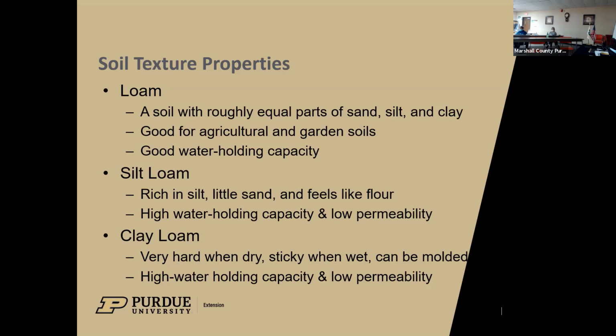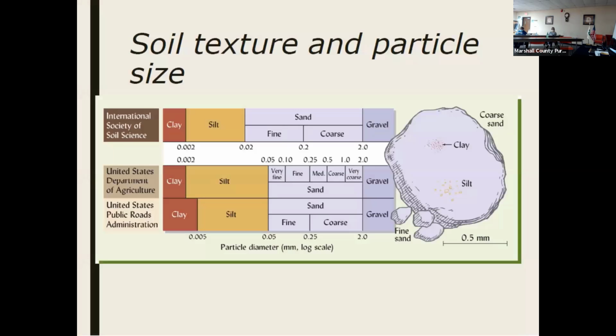High water holding capacity and low permeability. So as we shift in the silt, it changes the properties. And then of course, whenever clay increases in proportion to the other mineral components, it overpowers the soil properties.